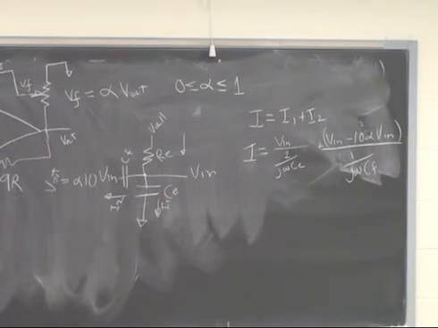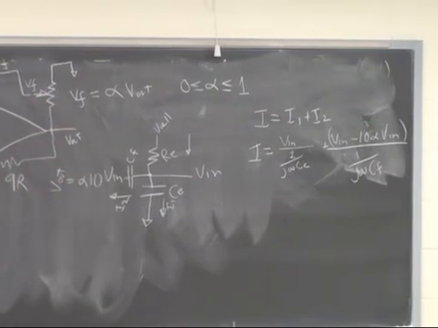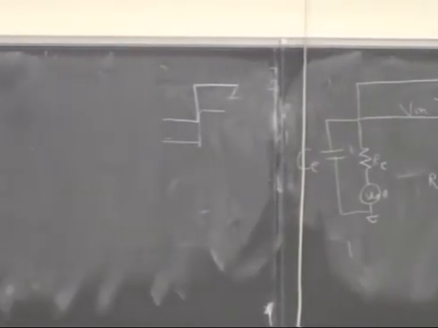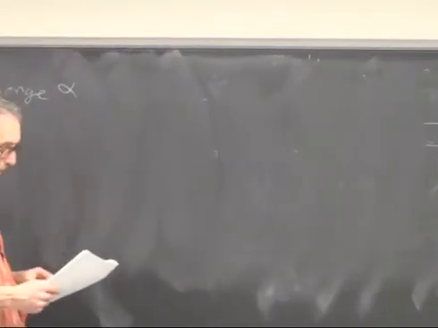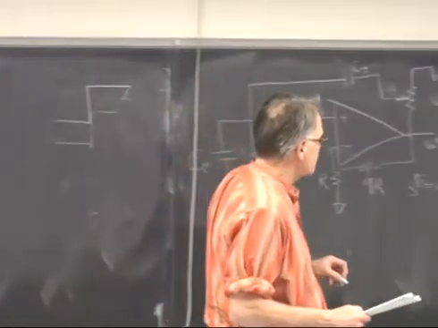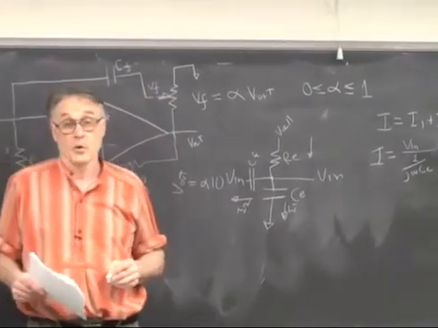So what if, when we change alpha, let's make alpha an adjustable knob on the front panel that the human gets to set. Let's say we change alpha, can we find a position of alpha such that the current through the two capacitors adds to 0?